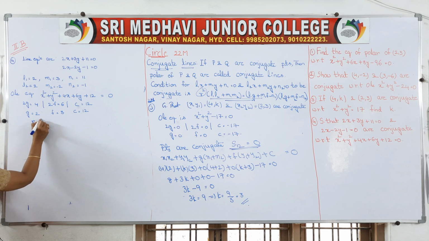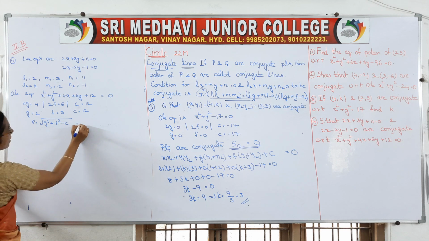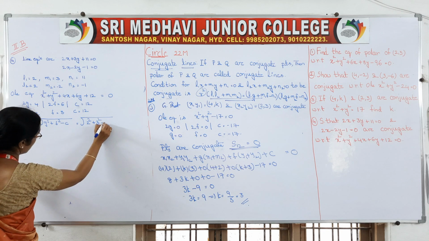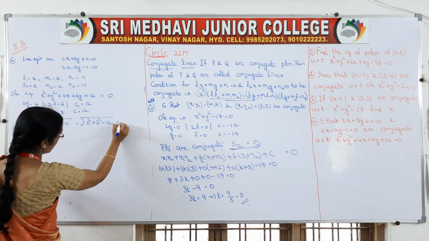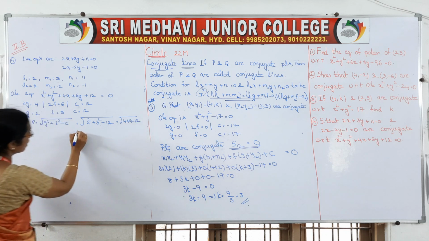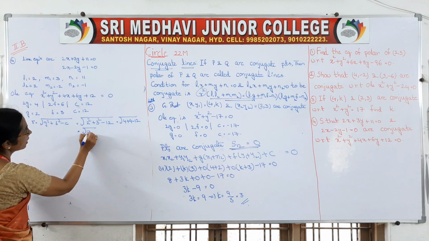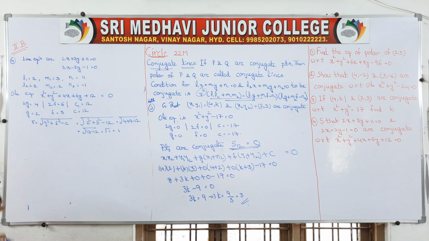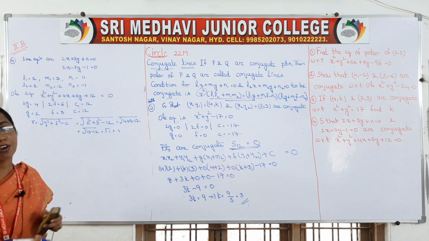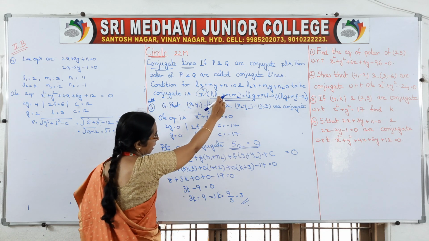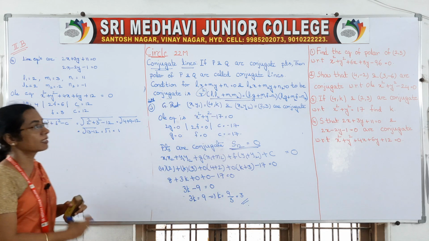So you find out your r. r is equal to, what is the formula? Root of g square plus f square minus c, is equal to root of 2 square plus 3 square minus 12, is equal to root of 4 plus 9 minus 12, is equal to root of 13 minus 12, root 1, is equal to 1. So now we got all the required things. We have to prove that those two lines are conjugate lines, so they have to satisfy this condition.